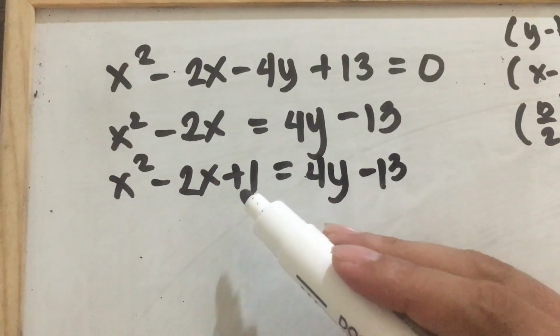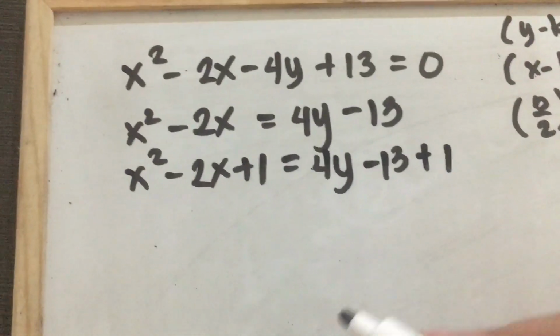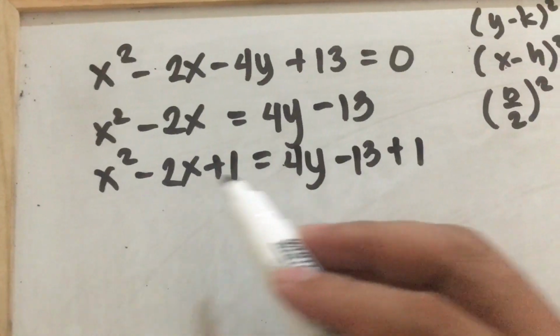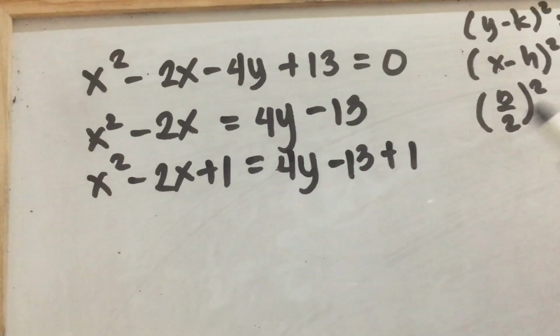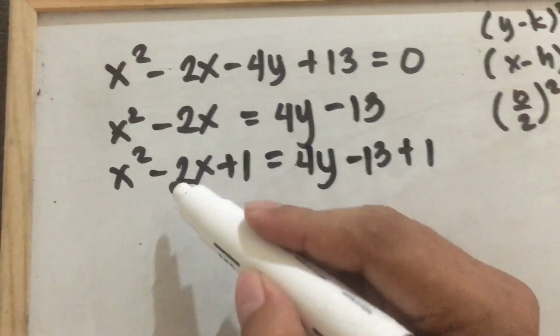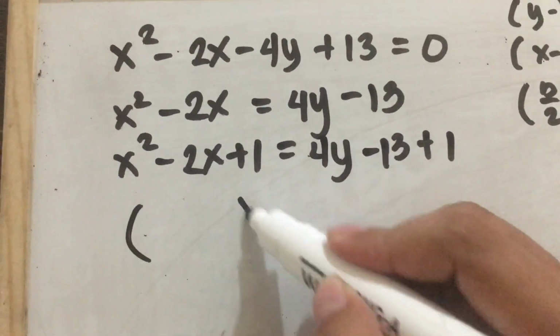Again, when you add a certain number in the left side, you also add it in the right side. Rules of equality. So you have here the outcome of completing the square. At this point, we can actually factor this out into a perfect square binomial.